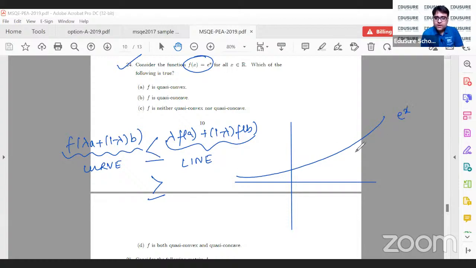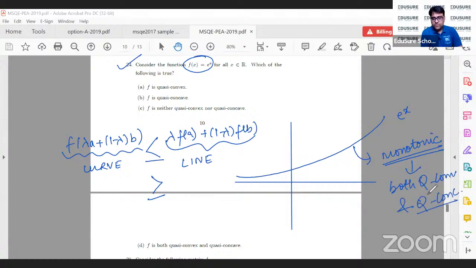A monotonic, always increasing function, if you have taken a look at my quasi-convexity video, monotonic functions will be both quasi-convex and quasi-concave. E to the power of x is anyway convex, because if I join any 2 points by a straight line, the line is above the curve. So it is convex.